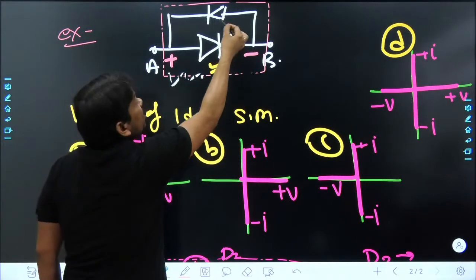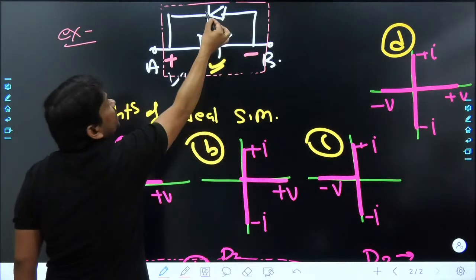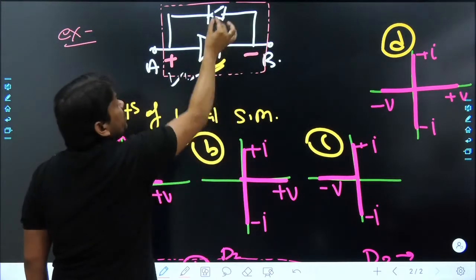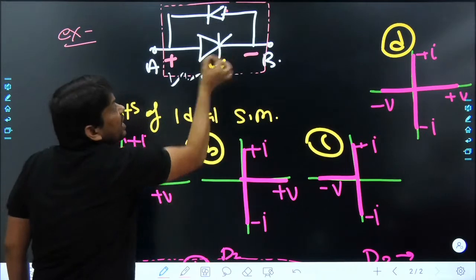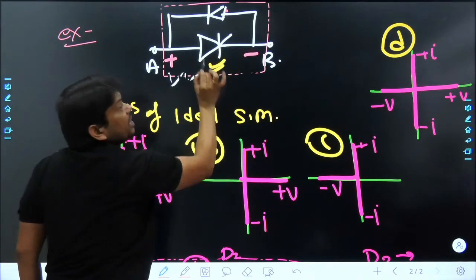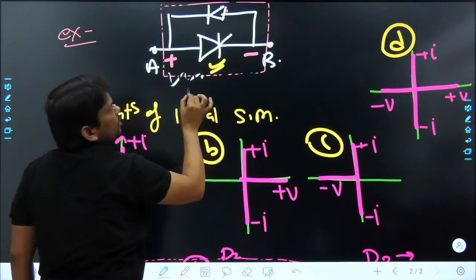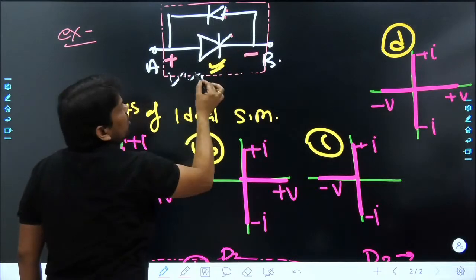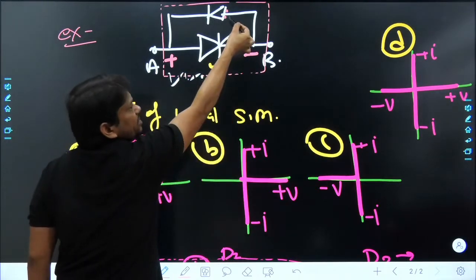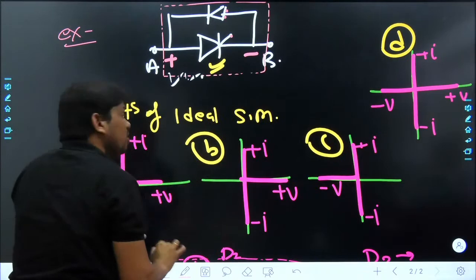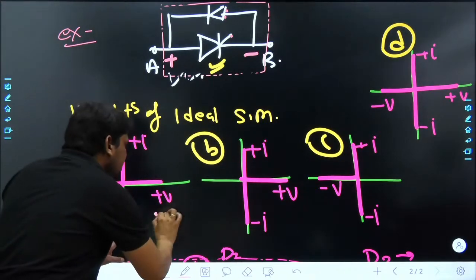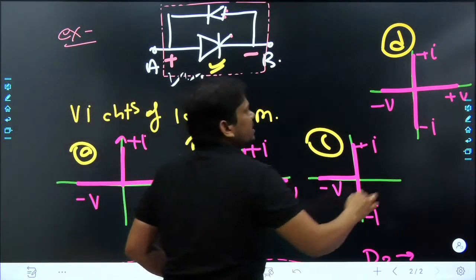Obviously this diode will not turn on because it is positive at the cathode and negative at the anode, so the diode is reverse biased. The SCR is controlled and we are not going to trigger it. So this positive voltage will be blocked, and here we require positive voltage, my dear friend. So this can be correct, this can be correct, this can be correct.